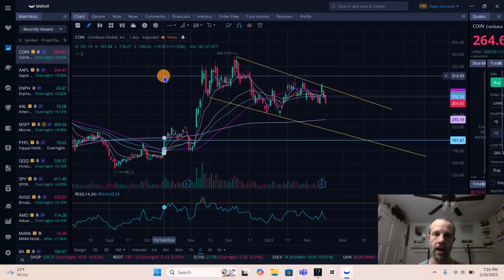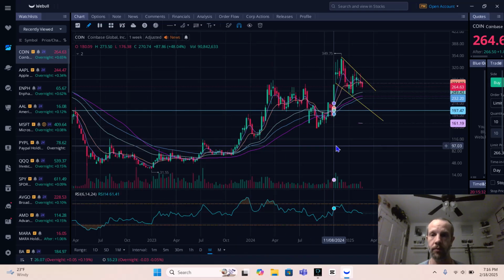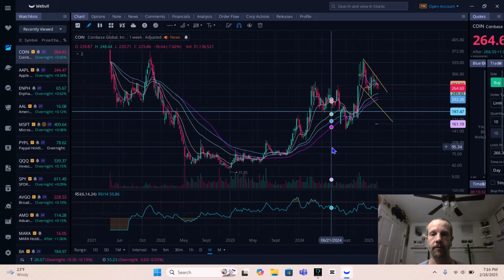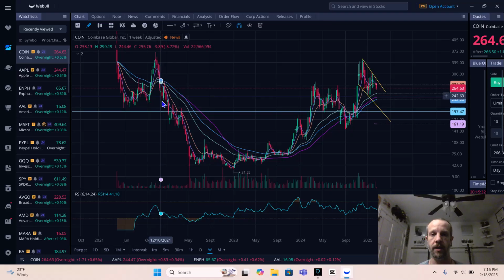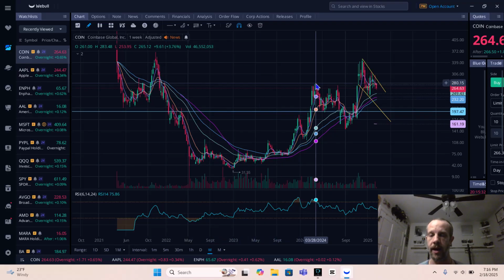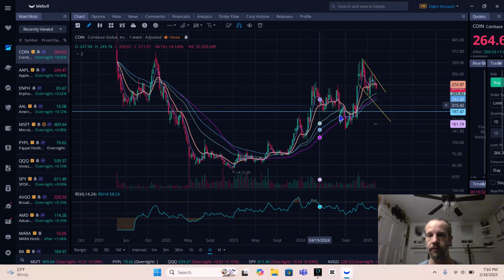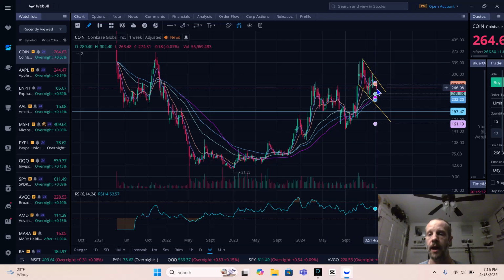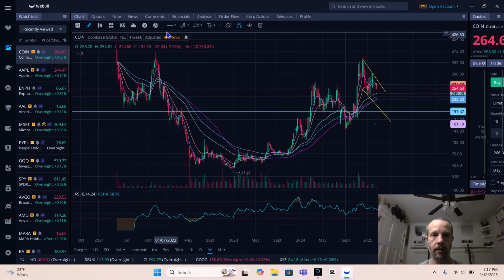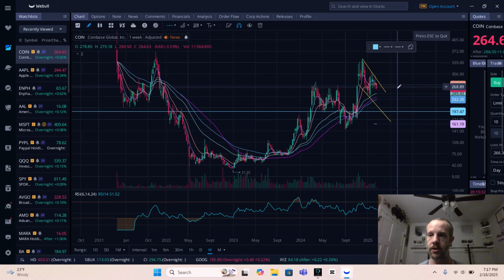But we'll see. For now, a bullish structure, and it kind of fits inside of a big cup and handle pattern that has already formed. And now it's currently retesting and holding a pretty important level around the 264, 265 price range.